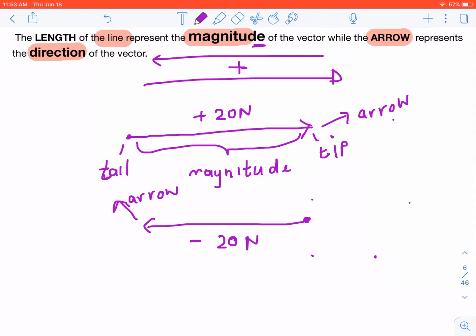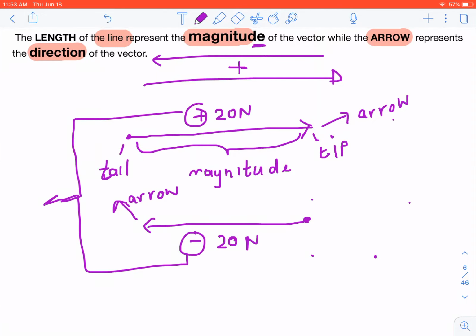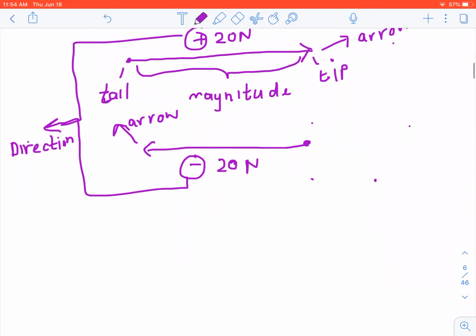Remember that the signs indicate direction. That is important. Negative doesn't mean it is less. Negative just means that it's in the opposite direction. It's equal in magnitude, but in the opposite direction to the plus 20 newtons.